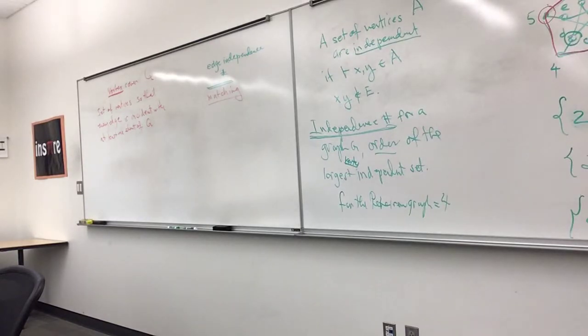So in this case, can you give me a vertex cover of the Petersen graph? Let me make it real easy. It doesn't have to be a good one. Every single vertex is a vertex cover, right? If I take this collection of all 10 vertices, then every edge is incident with at least one vertex in my cover.